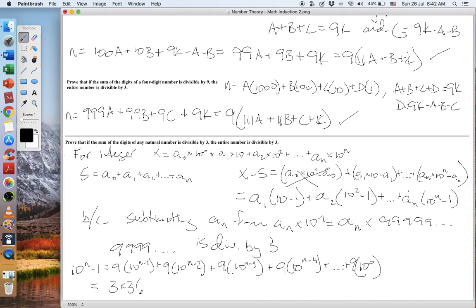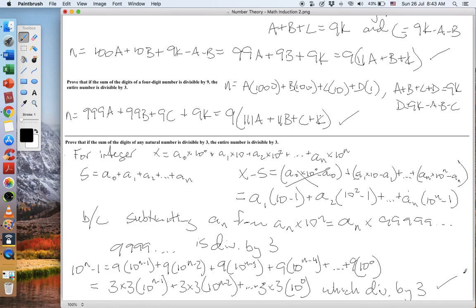9 is 3 times 3. 3 times 3 times 10 to the n minus 1 plus 3 times 3 times 10 to the n minus 2 plus dot dot dot plus 3 times 3 times 10 to the 0, which is divisible by 3, of course.